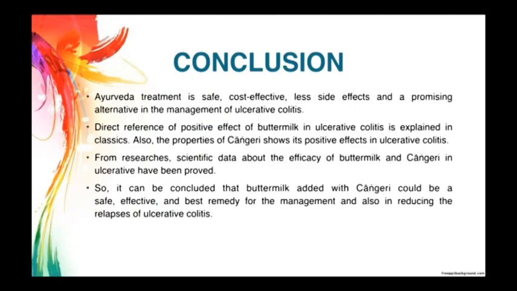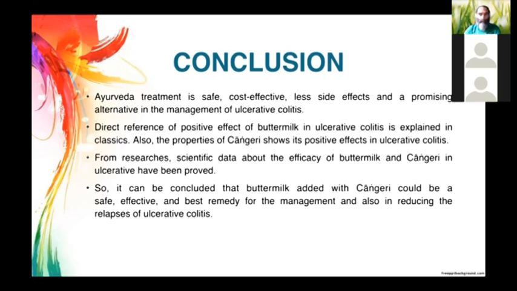Next, coming to the conclusion, Ayurveda treatment is safe, cost-effective, with fewer side effects, and a promising alternative in the management of ulcerative colitis. Direct reference of the positive effect of buttermilk in ulcerative colitis is explained in class 6. Also, the properties of changiri show its positive effects in ulcerative colitis.